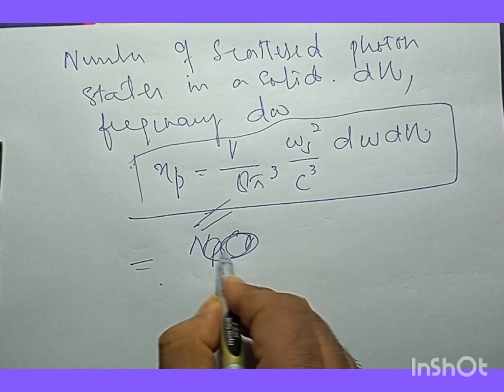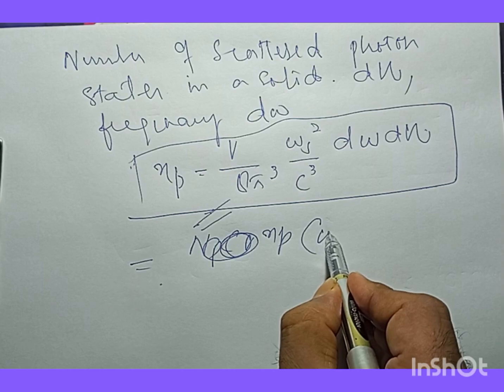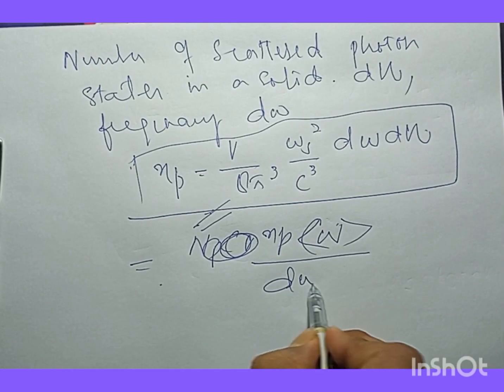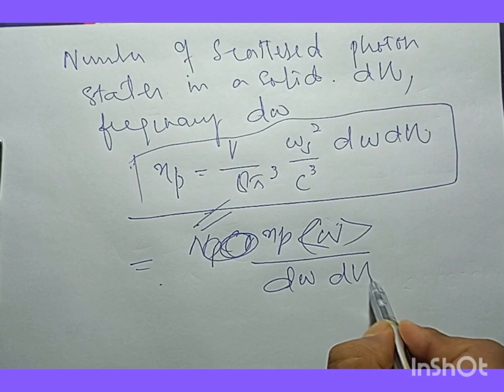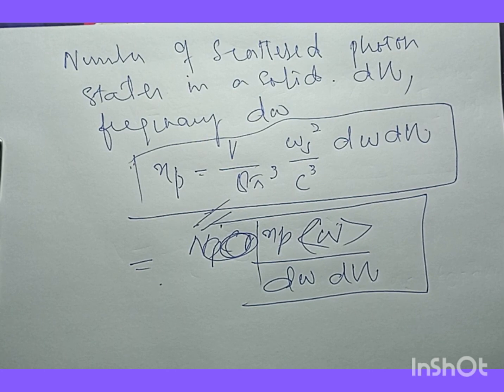So I'm using NP here as the number of this W divided by d omega, the solid angle. And finally, what we're going to obtain from here is the differential scattering cross section.